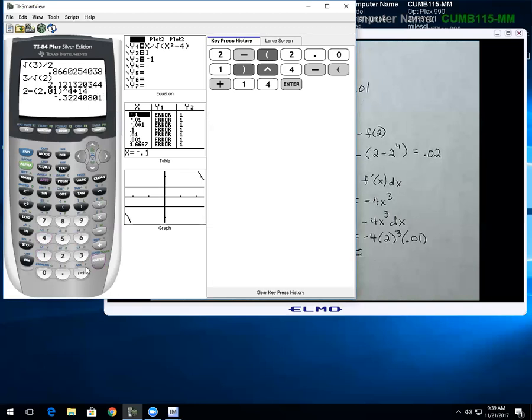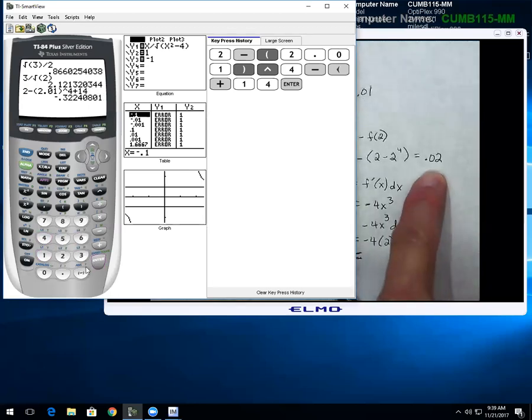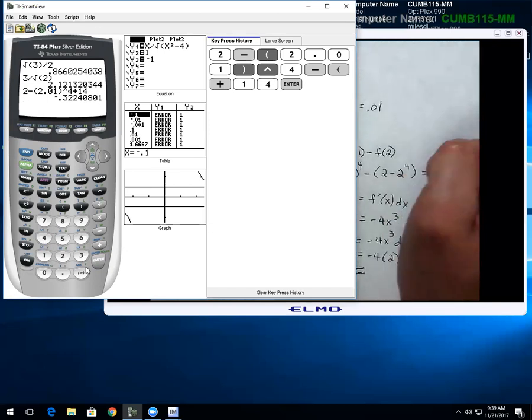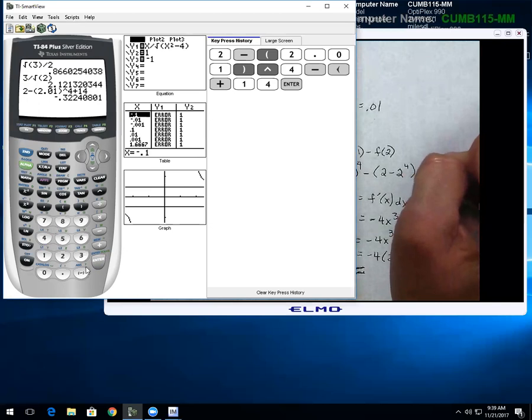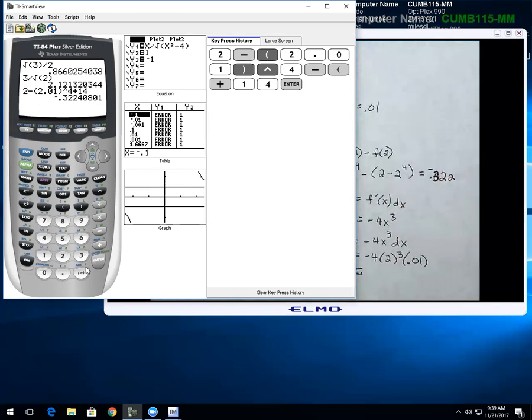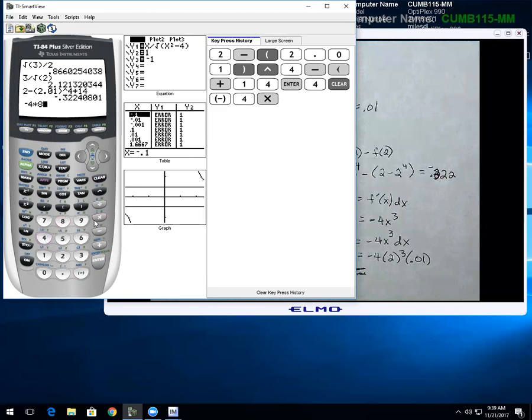Yeah, so I had the wrong thing written down right here. Negative 0.322. And then for that other guy, negative 4 times 8 times 0.01.